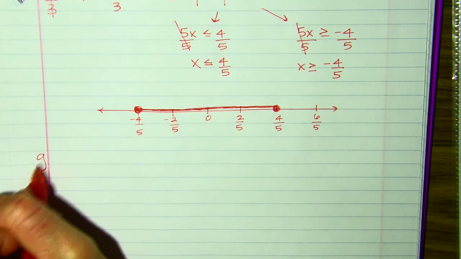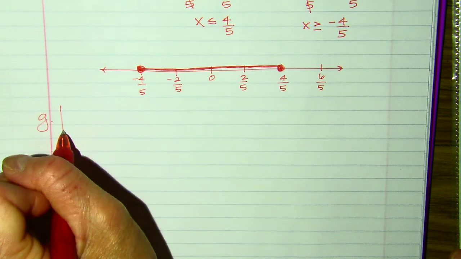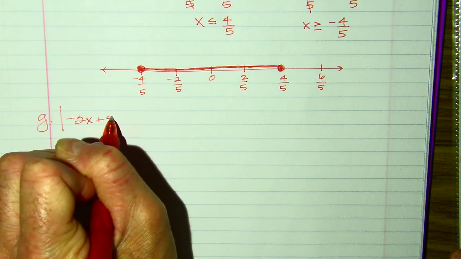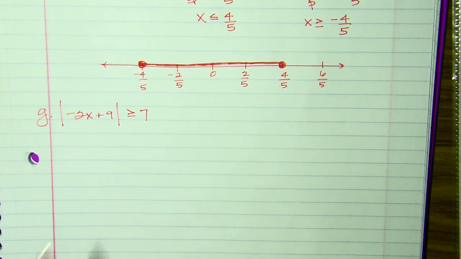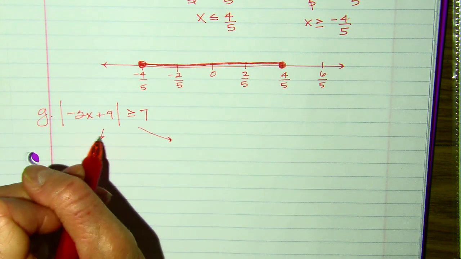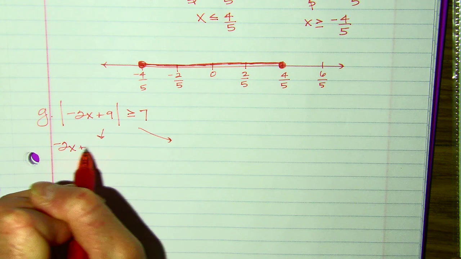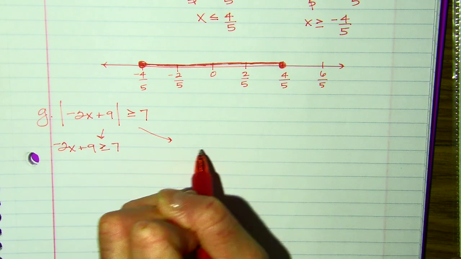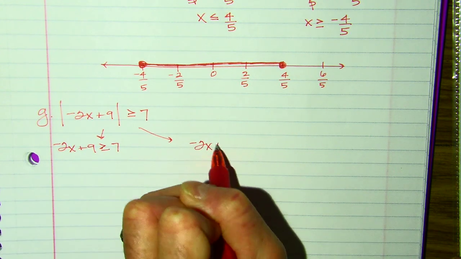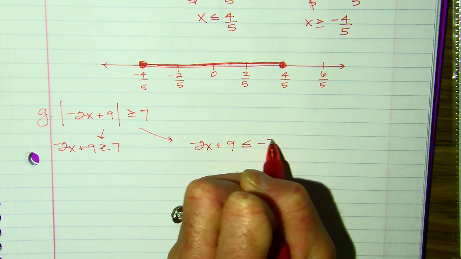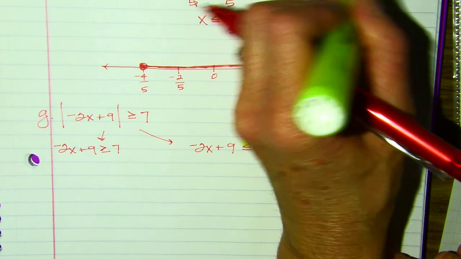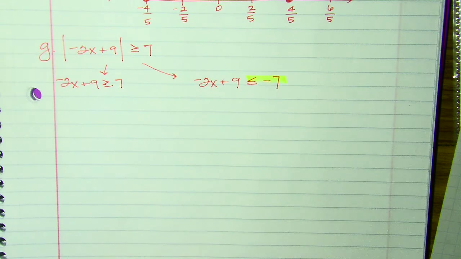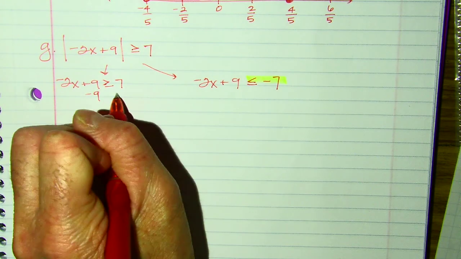Part G, the absolute value of negative 2x plus 9 is greater than or equal to 7. So write your two equations. Negative 2x plus 9 is greater than or equal to 7, and negative 2x plus 9 is less than or equal to negative 7. Notice I changed both. Subtract 9.